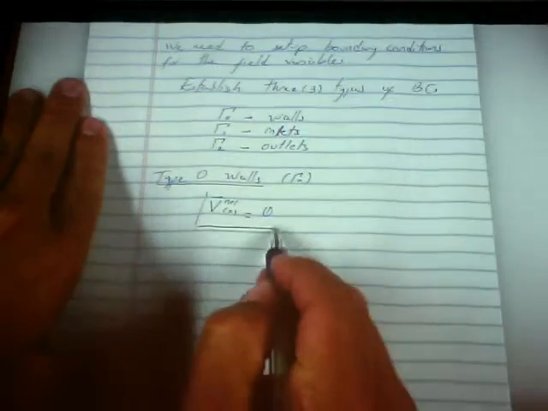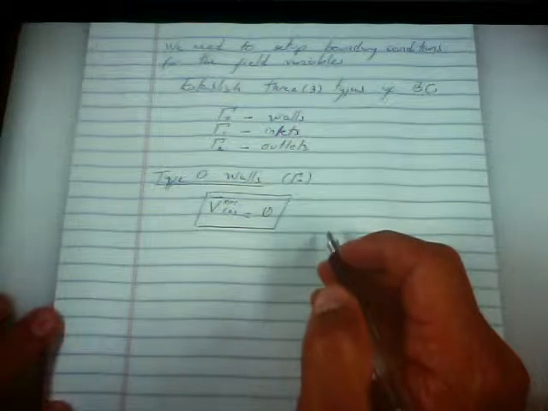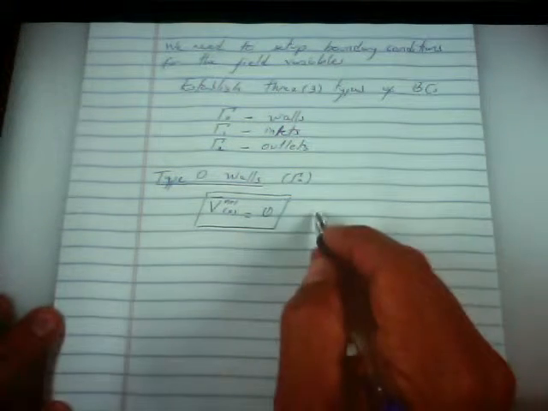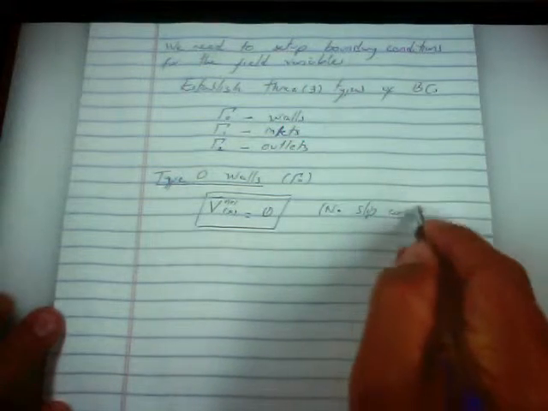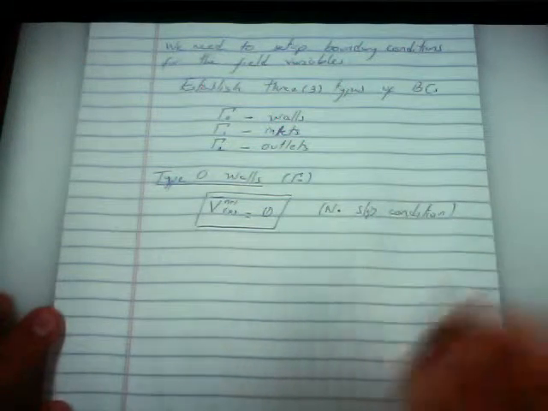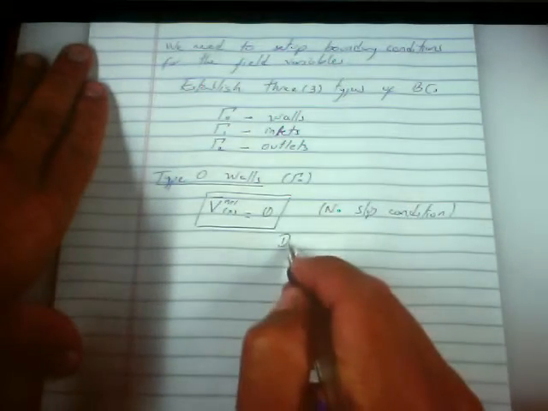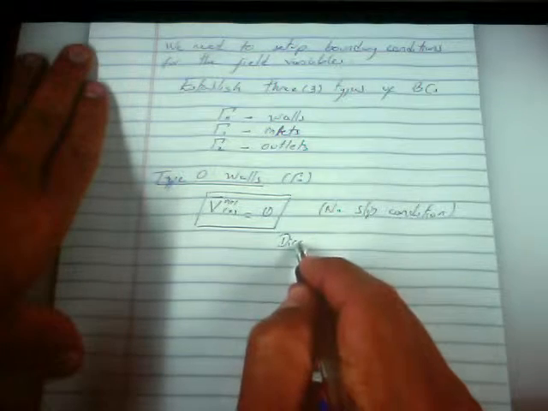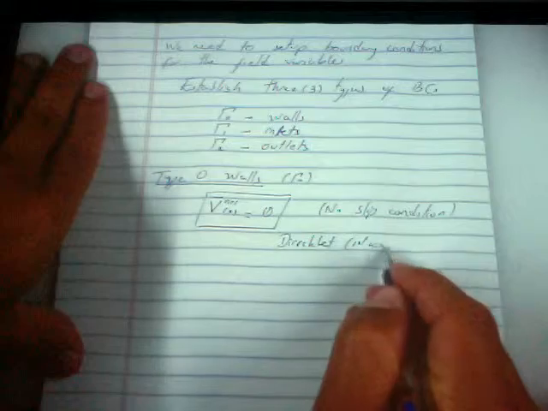Not only the normal velocity is equal to 0, meaning that the velocity cannot penetrate the wall, the velocity can also not slip. So both components of the velocity, u and v, regardless of the angle of the wall, must be 0. This is called a no slip condition. Because of viscosity, the velocity is kept at 0. So you can see this is a first kind Dirichlet condition.